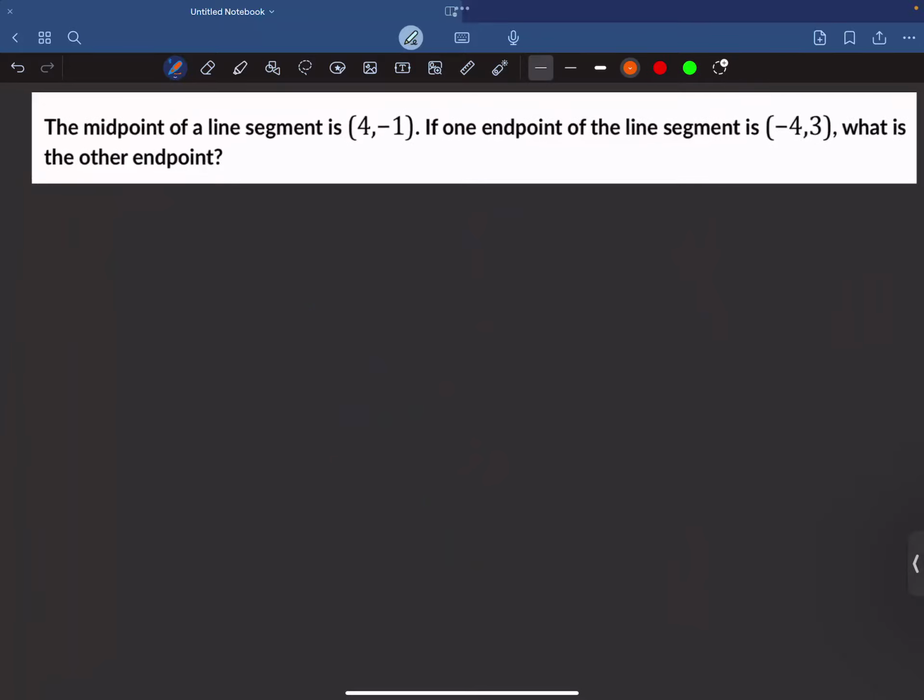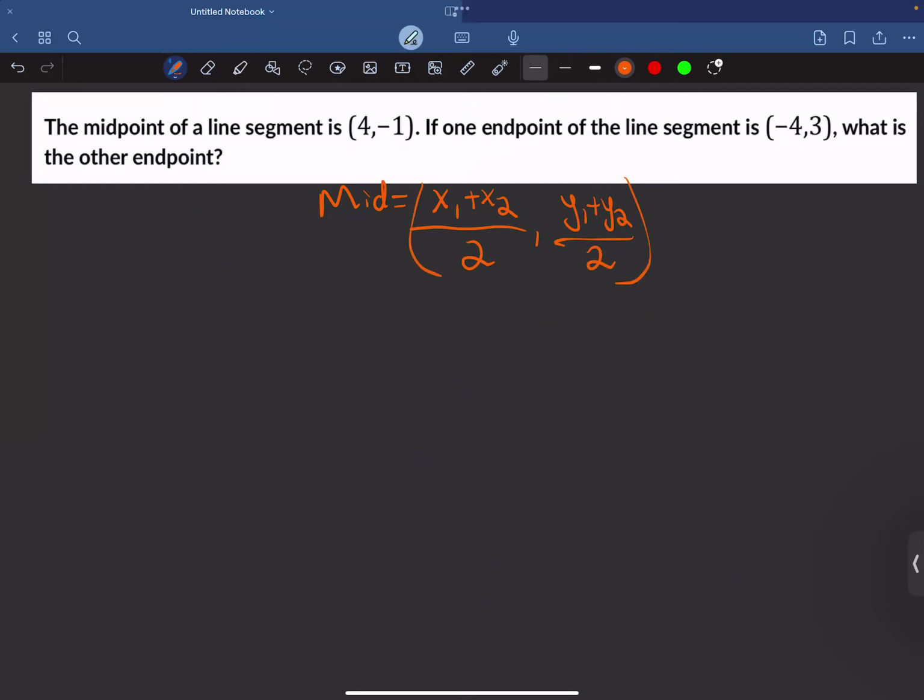And it's midpoint. Okay. So the midpoint of a line segment is 4, -1. If one endpoint of the line segment is -4, 3, what is the other endpoint? So we're going to approach this the same way as we did before. Midpoint equals x1 plus x2 over 2, and then y1 plus y2 over 2.